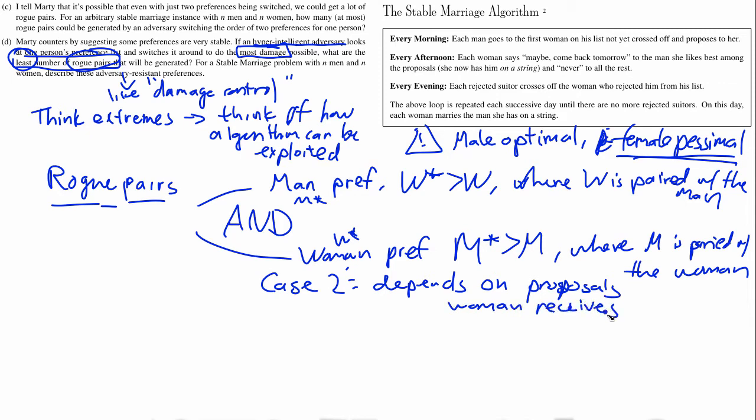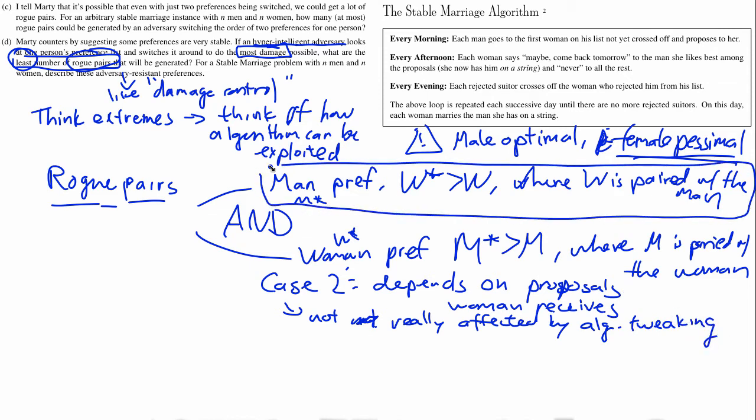So the algorithm doesn't really have control over case 2, so it's not really affected by the tweaking of the algorithm. So let's just consider case 1 here, where the man prefers woman star over woman.